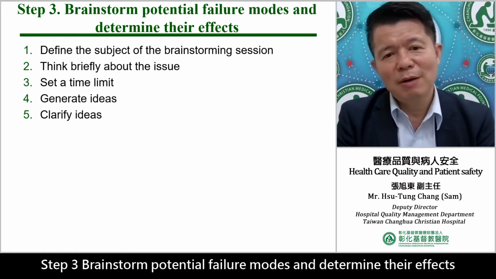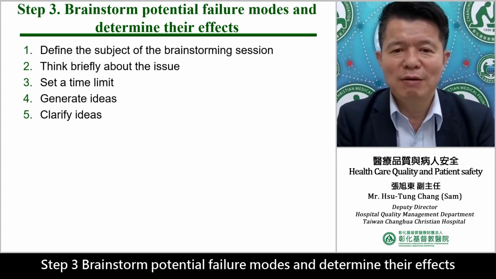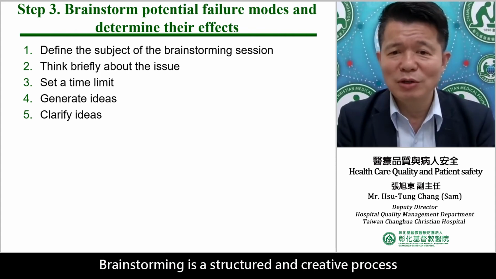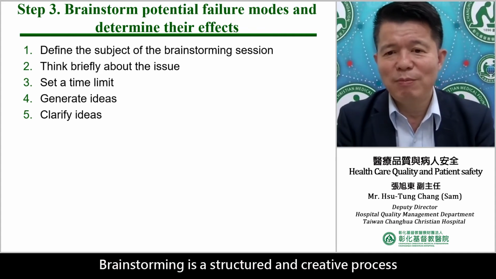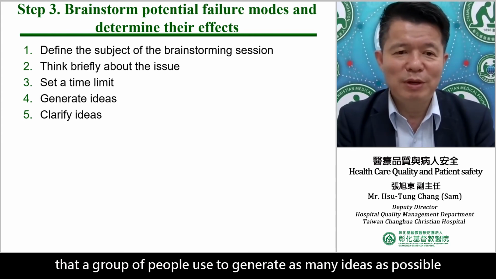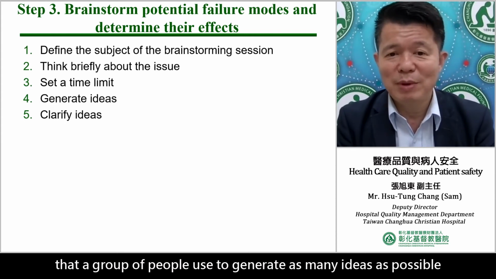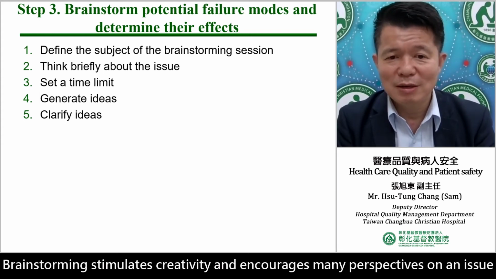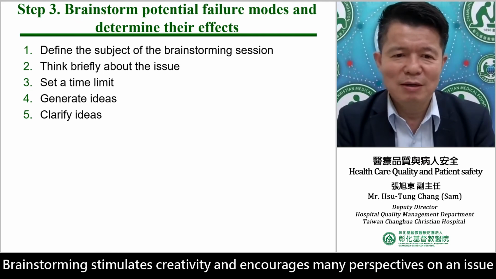Step 3. Brainstorm potential failure modes and determine their effects. Brainstorming is a structured and creative process that a group of people use to generate as many ideas as possible in a minimal amount of time. Brainstorming stimulates creativity and encourages many perspectives on an issue.